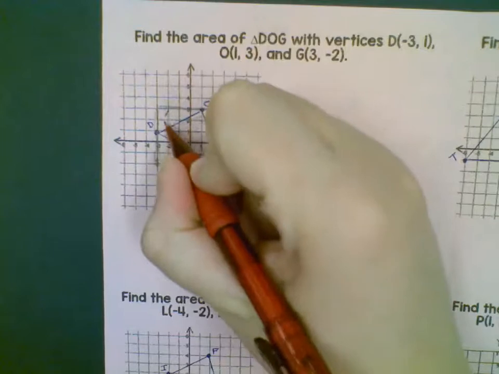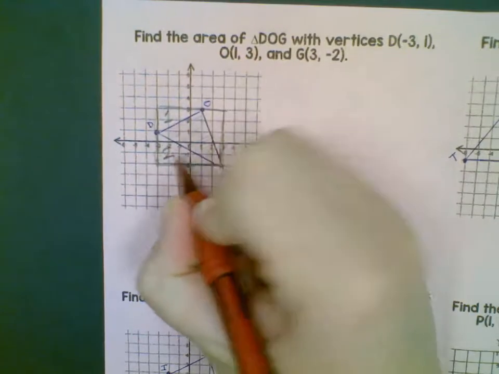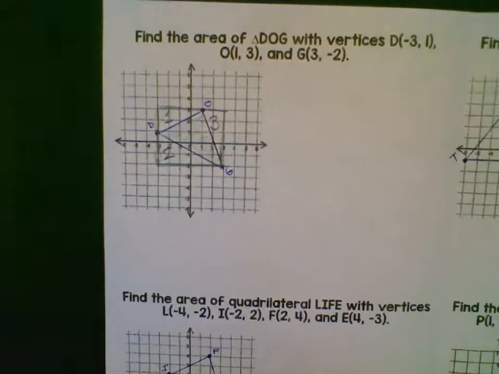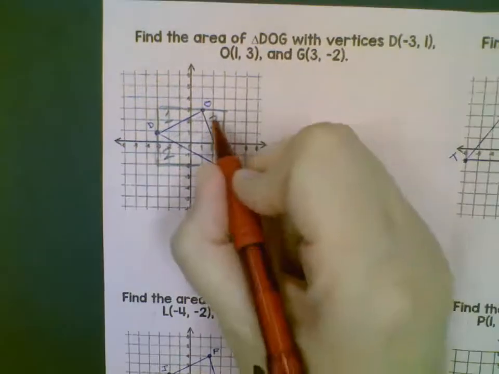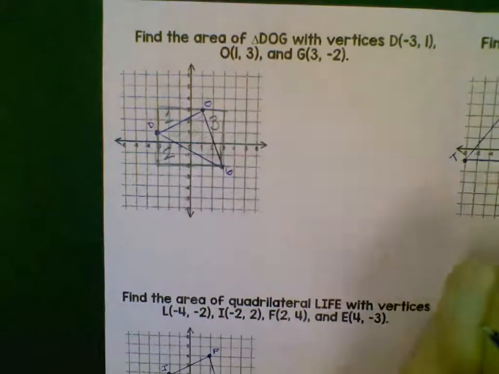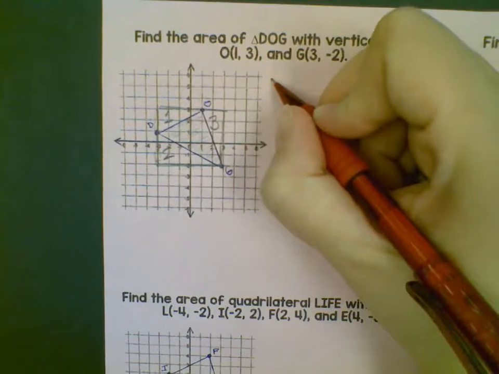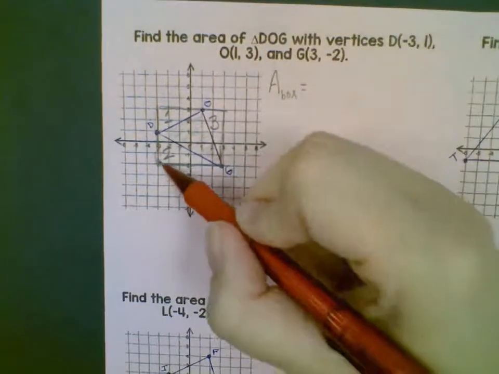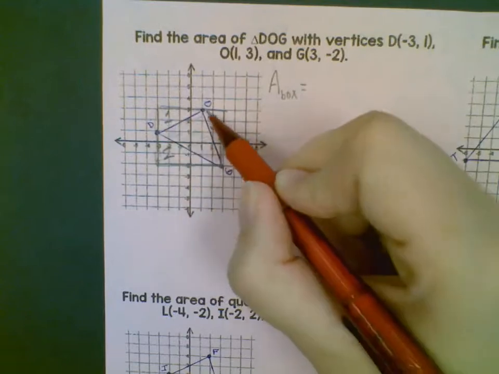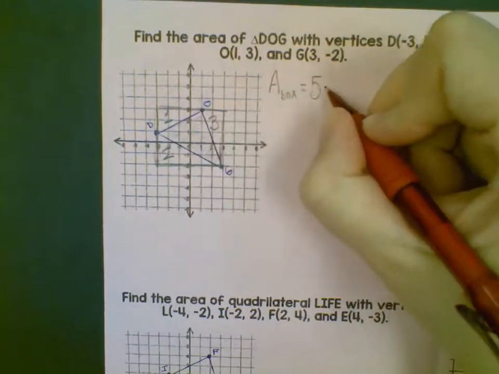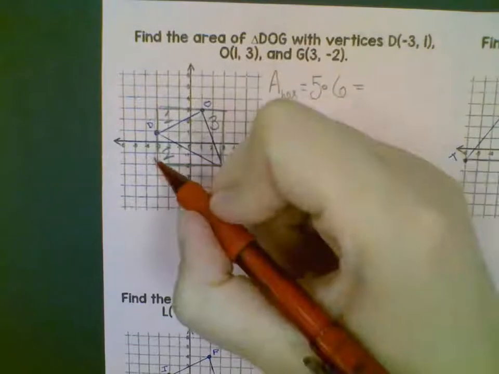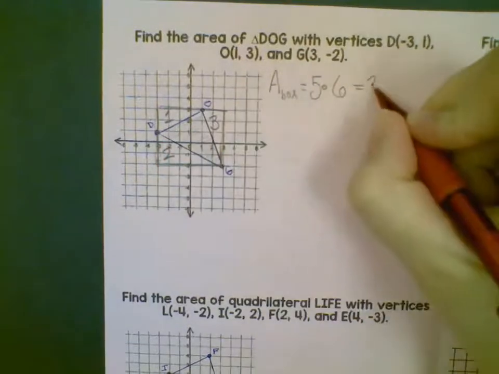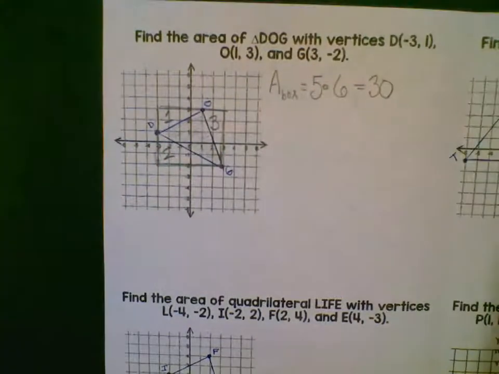So this will be triangle 1, triangle 2, and triangle 3. So the first thing we need to do is find the area of the whole entire rectangle that we created. So the area of the box, and if we count the length and the width, they're 5 by 6. So the area of the whole box is 30.